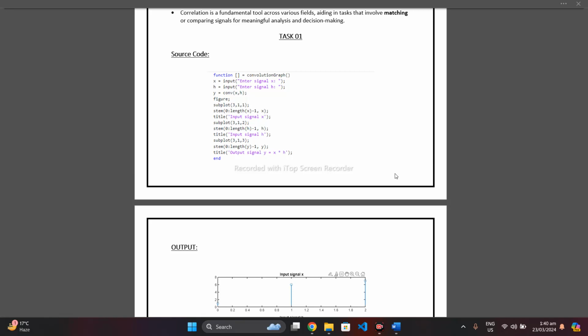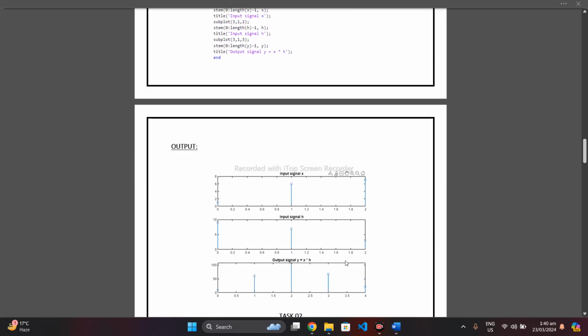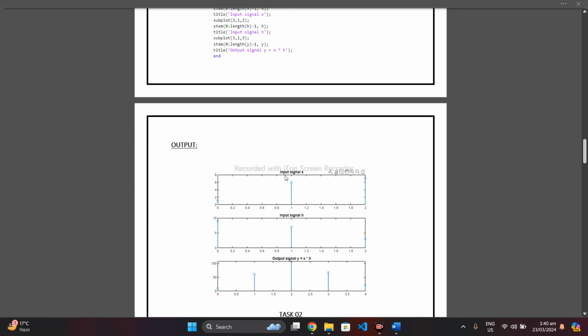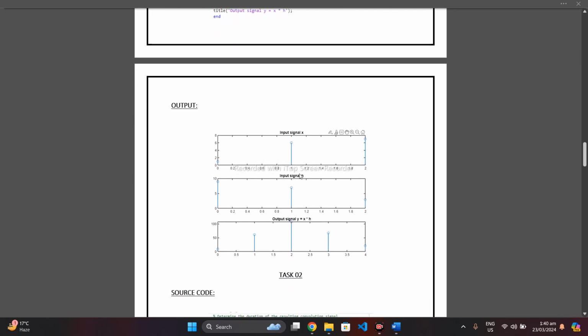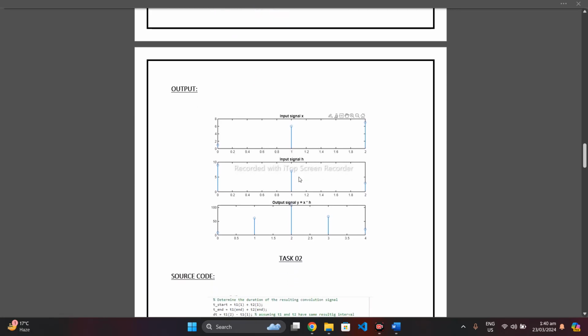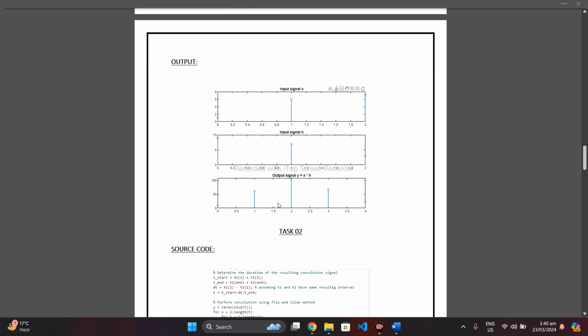The output signal is like this. This is input signal X and this is input signal H. When we convolve, this is the output signal.